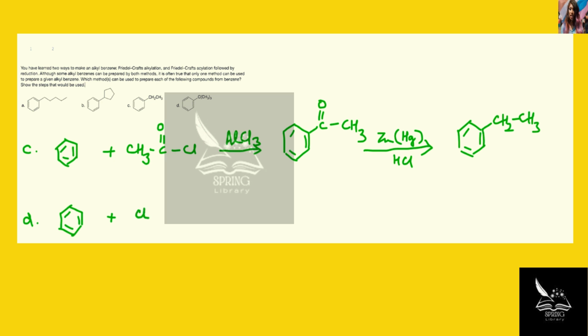So we are taking the chlorine with 1 carbon and 3 methyl groups, that is tertiary butyl chloride, in presence of anhydrous aluminum chloride, and the final product will be the benzene ring with 1 carbon attached to 3 methyl groups.